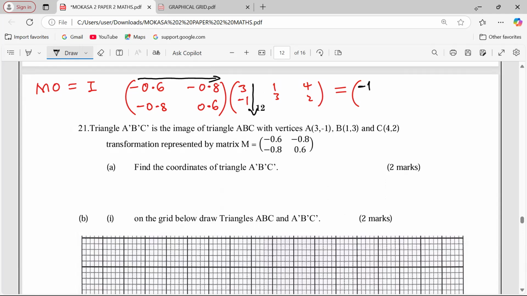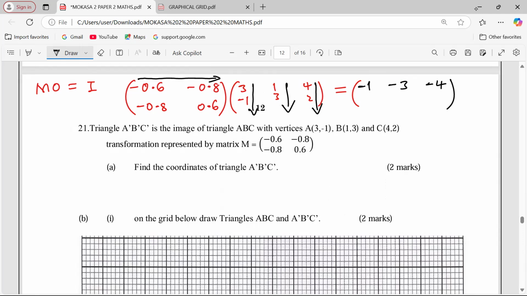Then the same row by the next column: -0.6, open brackets for 1, close brackets, minus 0.8, open brackets for 3. That gives us -3. Then the same row and the last column: -0.6, open brackets for 4, then minus 0.8, open brackets for 2. That gives us -4.